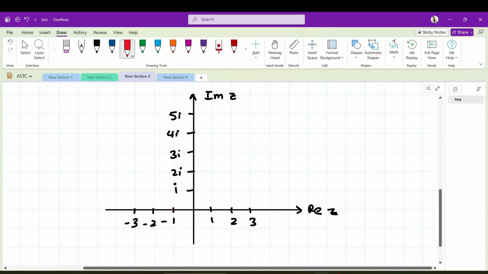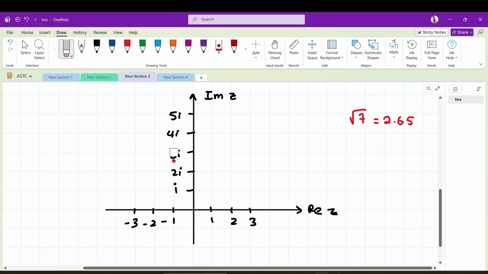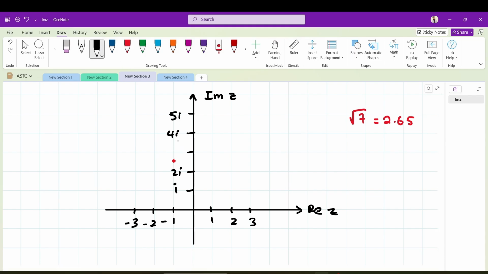So this is minus 1, and if we use a calculator, root 7 is about 2.65, so it should be between 2I and 3I. So it should be about here somewhere. Okay, so this is my center, and I can write here that this is root 7.